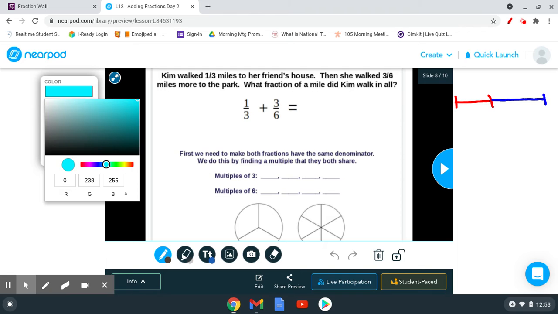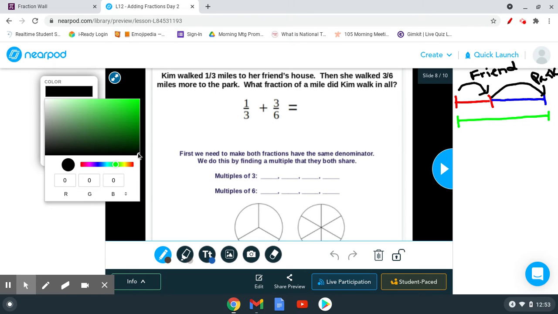And our goal is to try and figure out how far did Kim walk in all. So again, you can see that this represents to her friend's house, and then this would represent how much further she walked to get to the park. And we want to know, well, Kim, you were out walking. How far did you go?